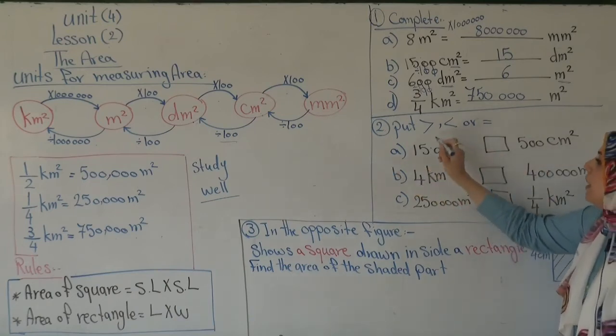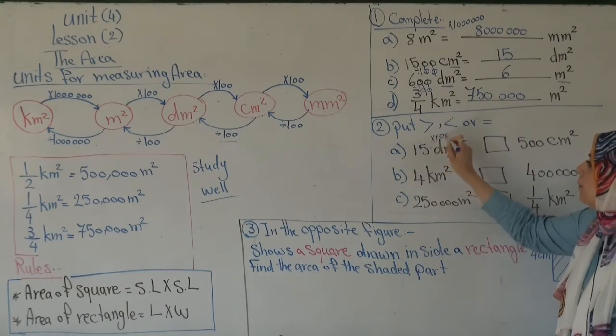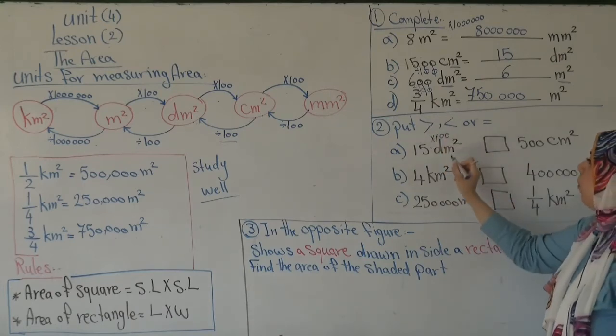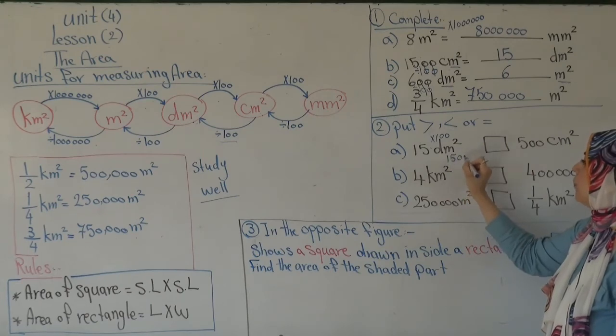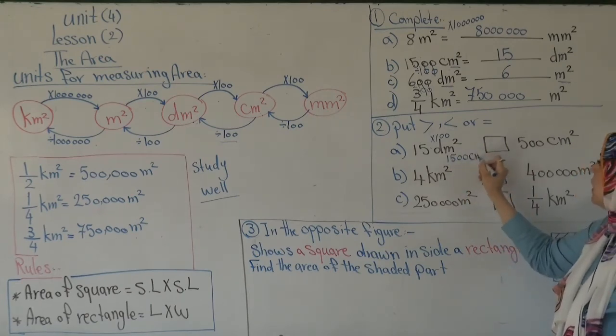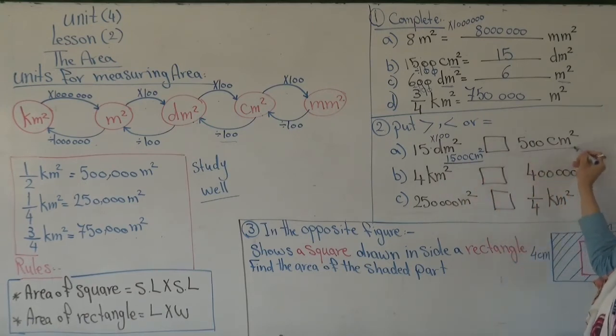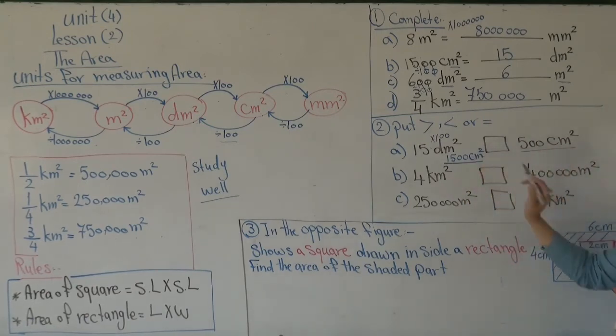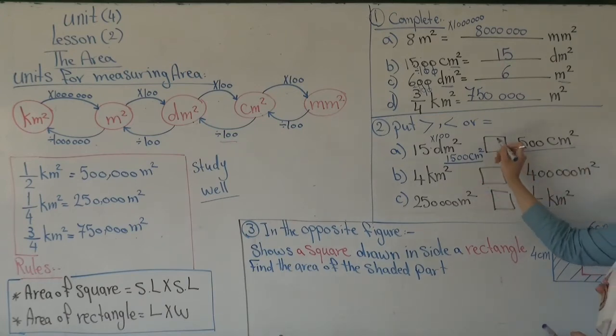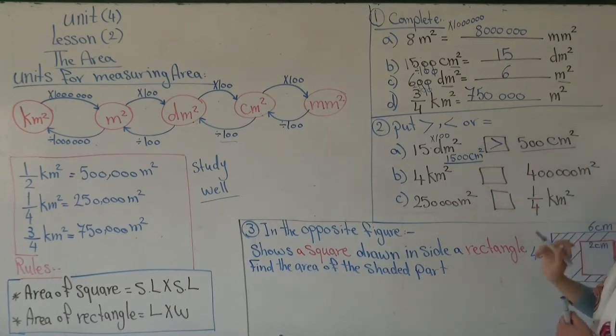Look at the train, times 100. It will be 1,500 centimeter square. Here centimeter square and here centimeter square. Can I compare now? Yes. Which is bigger, 1,500 centimeter square or 500 centimeter square? 1,500. It will be bigger than.